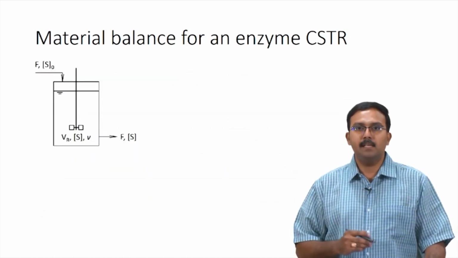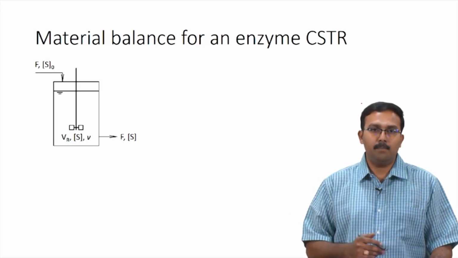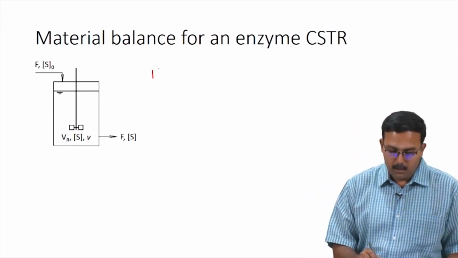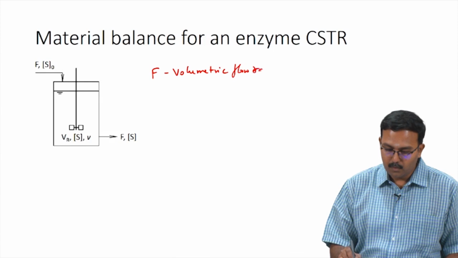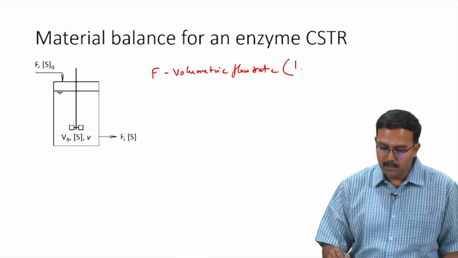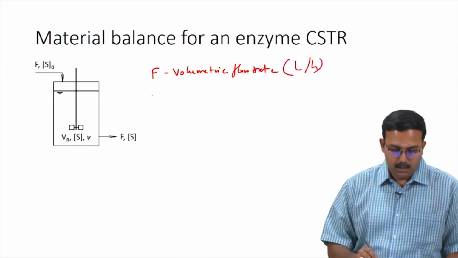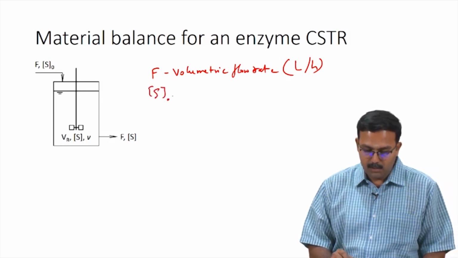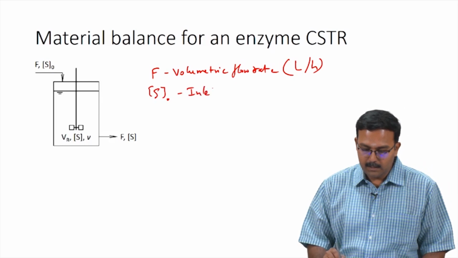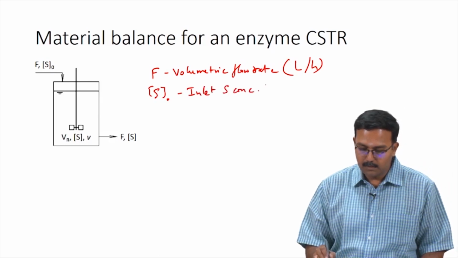So, this represents a CSTR with all the parameters listed down. Here you have F, which is volumetric flow rate, which would be in terms of liters per hour, and you would have S naught, which is the inlet substrate concentration.